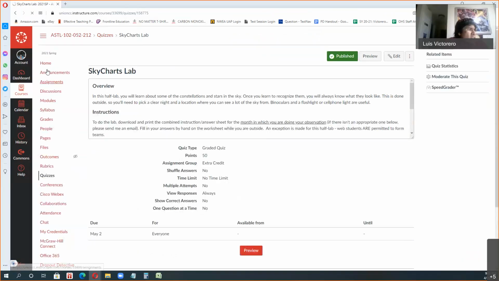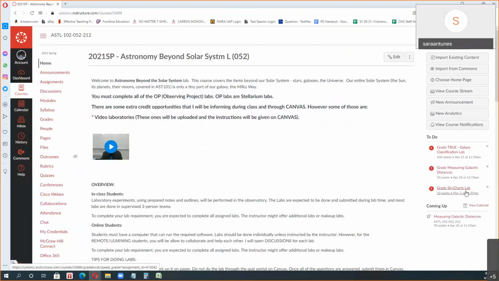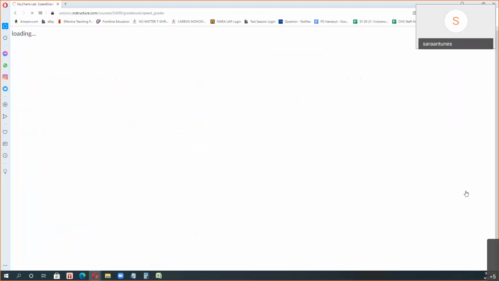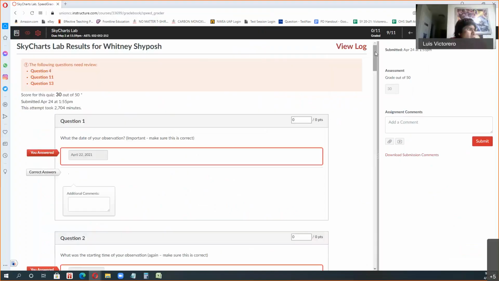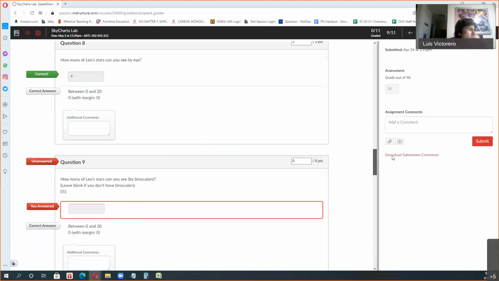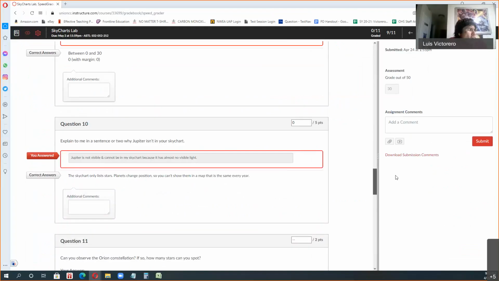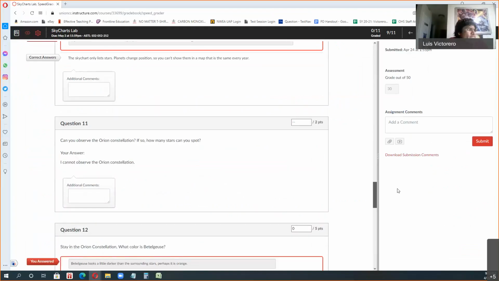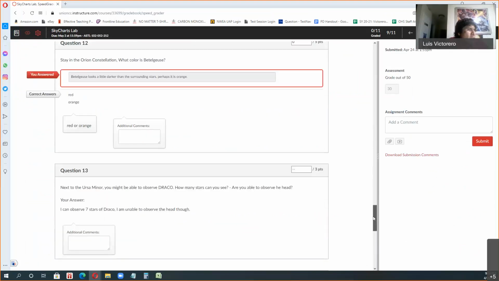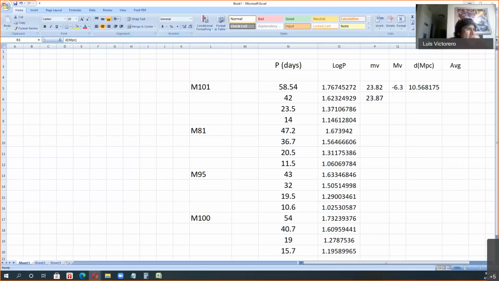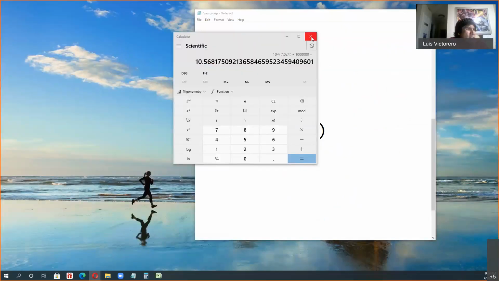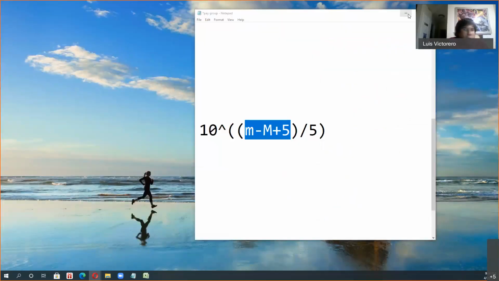Who did this lab already? If you don't mind, I'm going to open it. Okay, let's take a look. Yeah, that's the problem with the Orion constellation. If it's up right now, it's easy to spot.